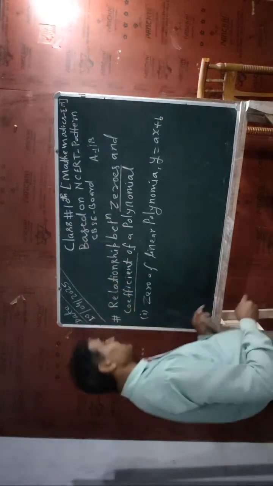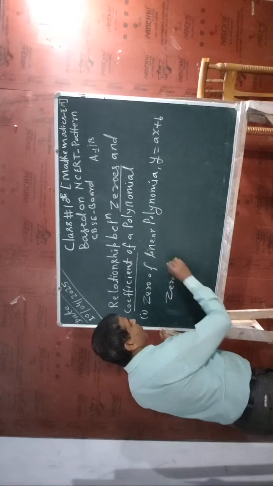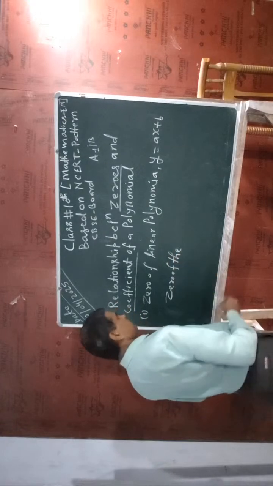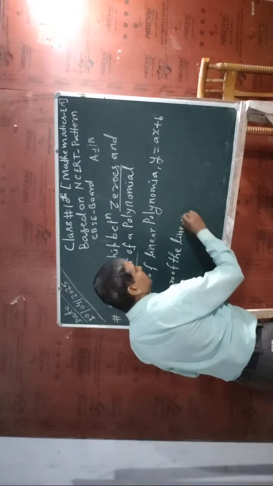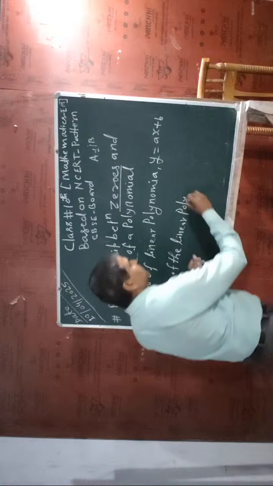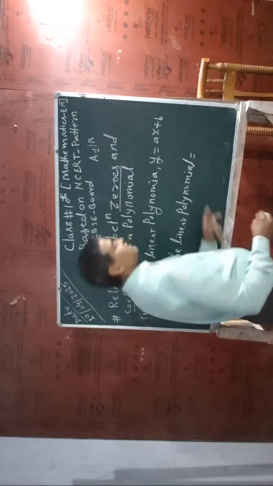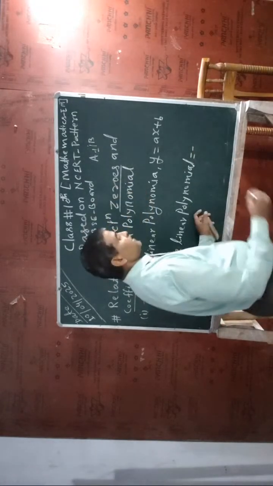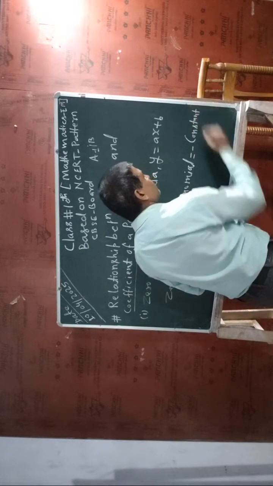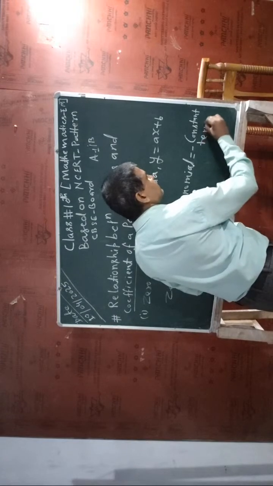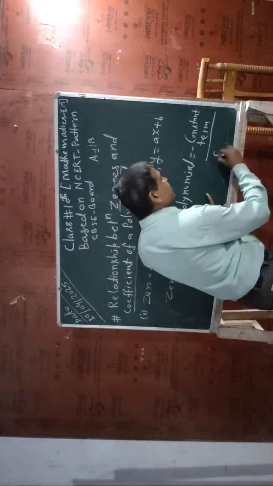In this case, I will write zero of the linear polynomial is equal to minus constant term divided by coefficient of x.